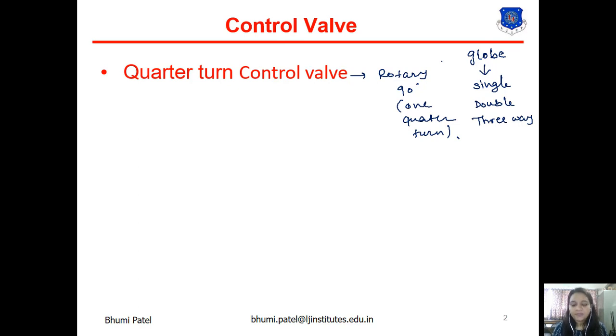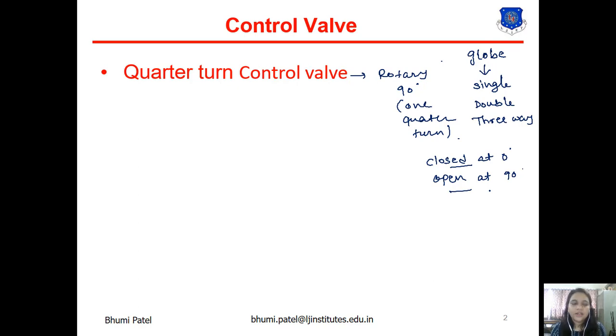Valves which are used for the quarter turn are commonly closed at 0 degree and completely open at 90 degree. So this is the quarter turn control valve. It has mainly two positions, close at 0 degree and open at 90 degree, and rotation is 90 degree for one quarter turn.